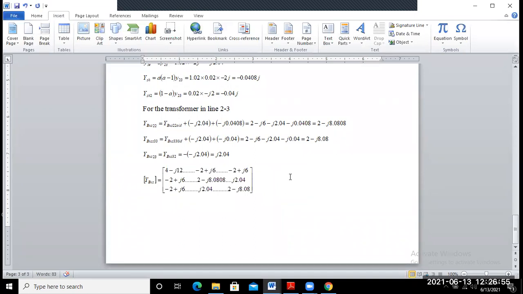Similarly here, if you write down this equation in the form of current matrix and Y bus matrix into voltage, so if you want to express this Y bus admittance matrix in current form, we follow this one.